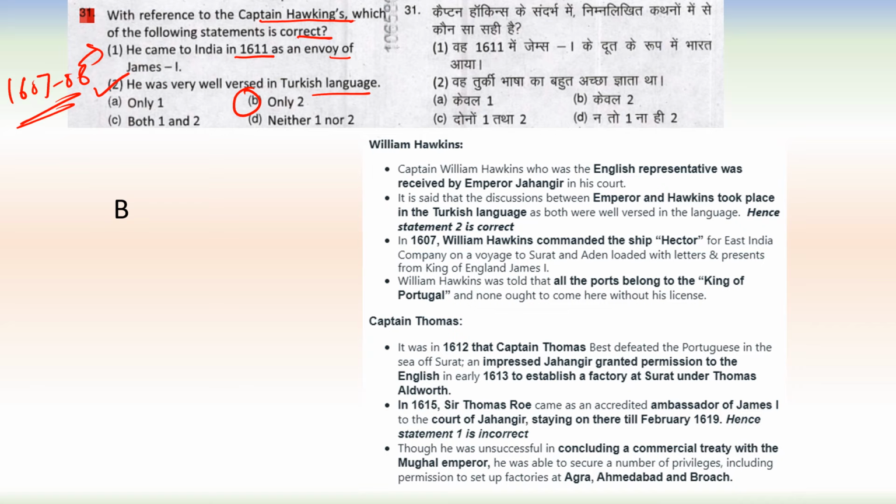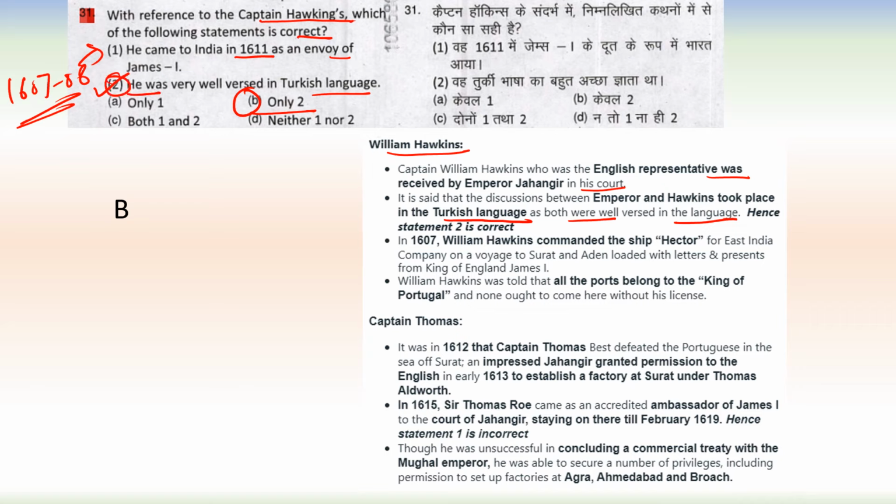So option B is correct here, only 2. Read here, Captain William Hawkins, the English representative, was received by Emperor Jahangir in his court. It is said that the discussion between the Emperor and Hawkins took place in the Turkish language, as both were well versed in the language. So from here the second statement is correct.